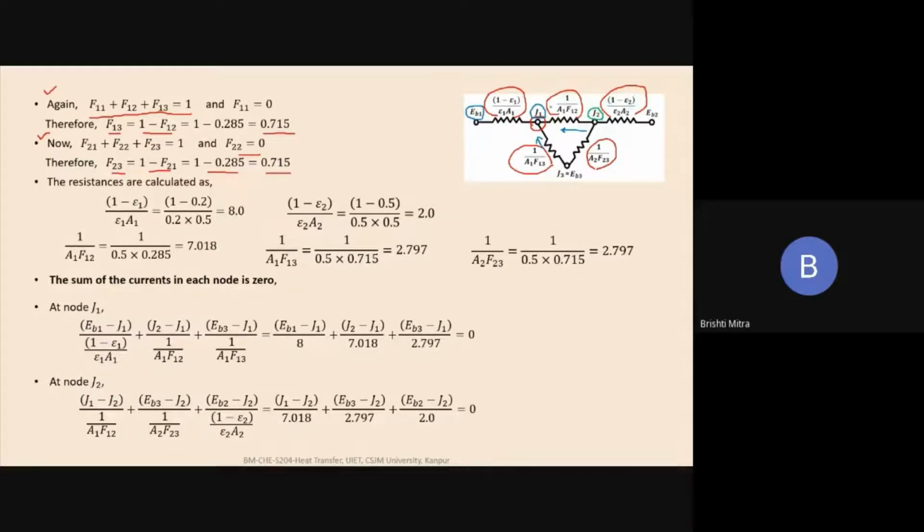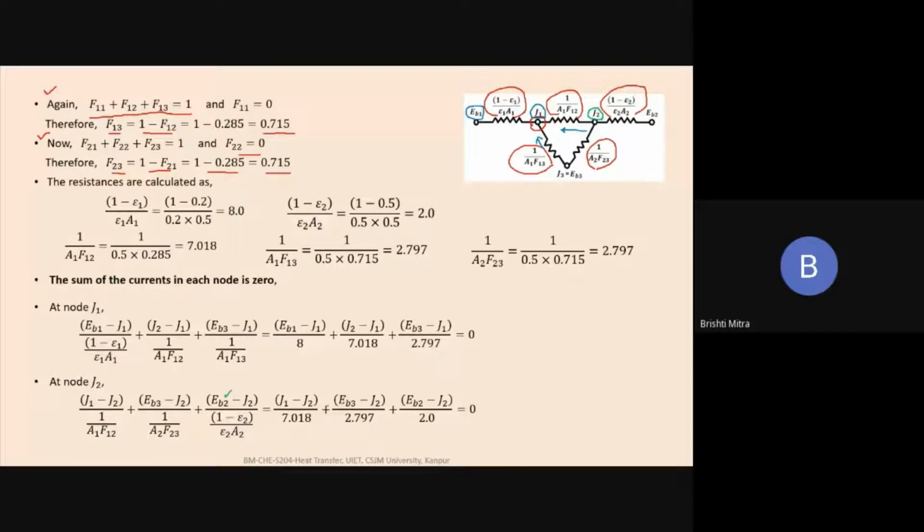J1 minus J2 divided by the resistance, that is 1 by A1 F12, plus the second part, EB3 minus J2 divided by 1 by A2 F23, and then EB2 minus J2, which is out here, divided by 1 minus epsilon 2 by epsilon 2 A2.